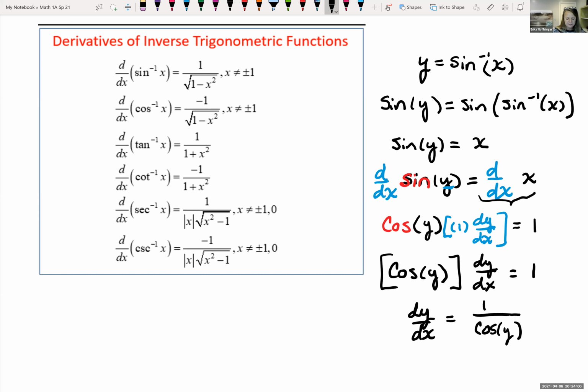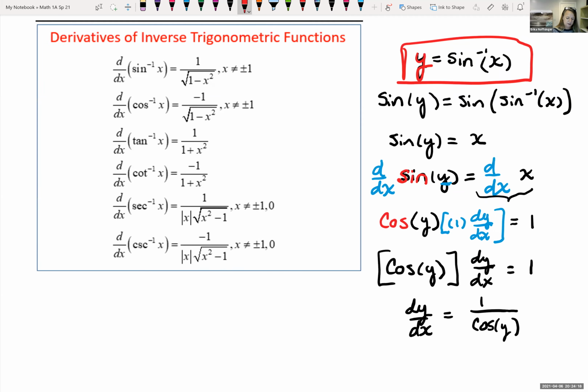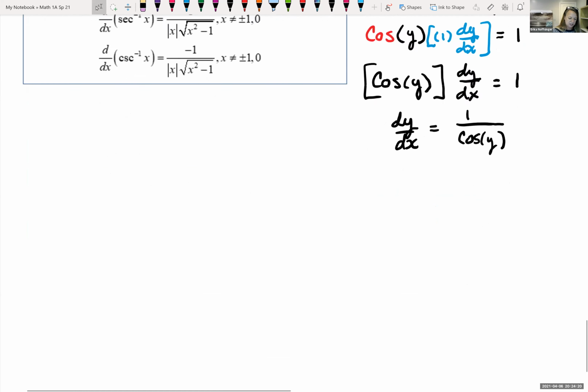Well, we really want this function in terms of x. We don't want it in terms of y. But notice up here, we know what y is. y is just sine inverse of x. So let's just rewrite that.